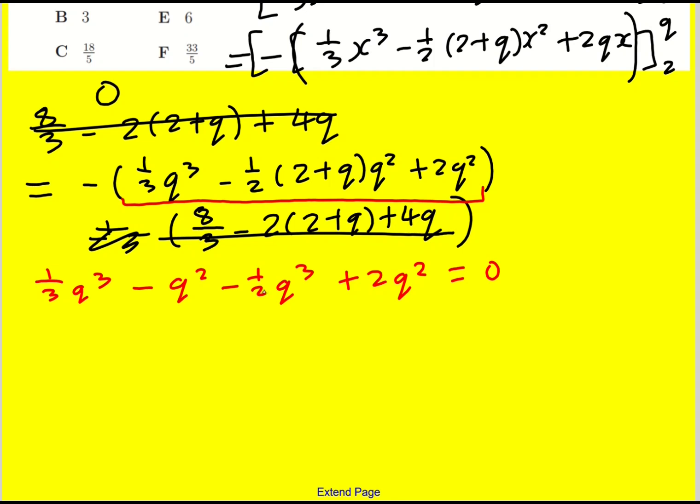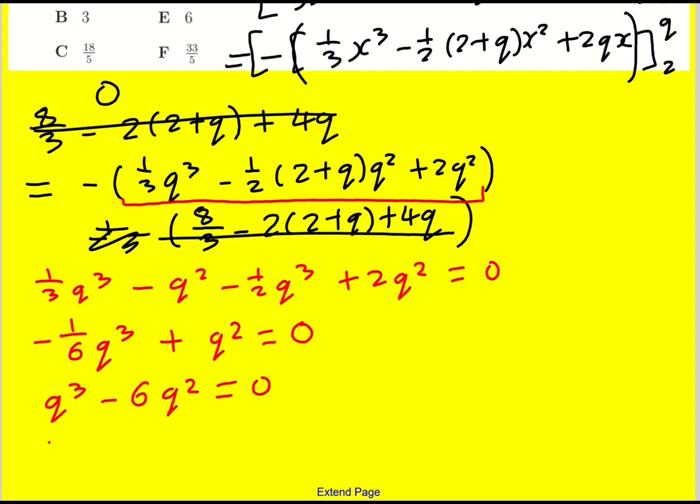So a third minus a half becomes 2 over 6 minus 3 over 6. I'm going to get minus 1 over 6 q cubed plus q squared equals 0. I'll times through by 6, I think that'll make things easy. Actually, I'll times through by minus 6. So q cubed minus 6q squared equals 0.